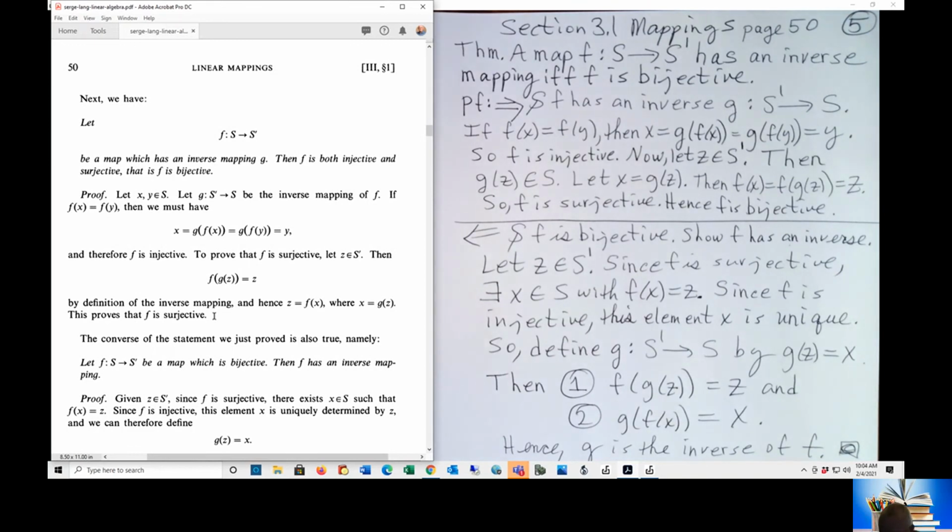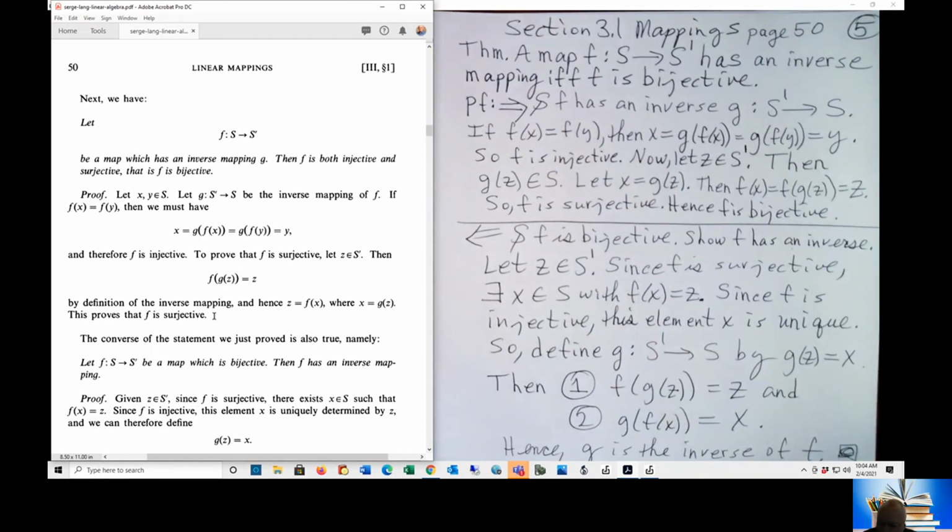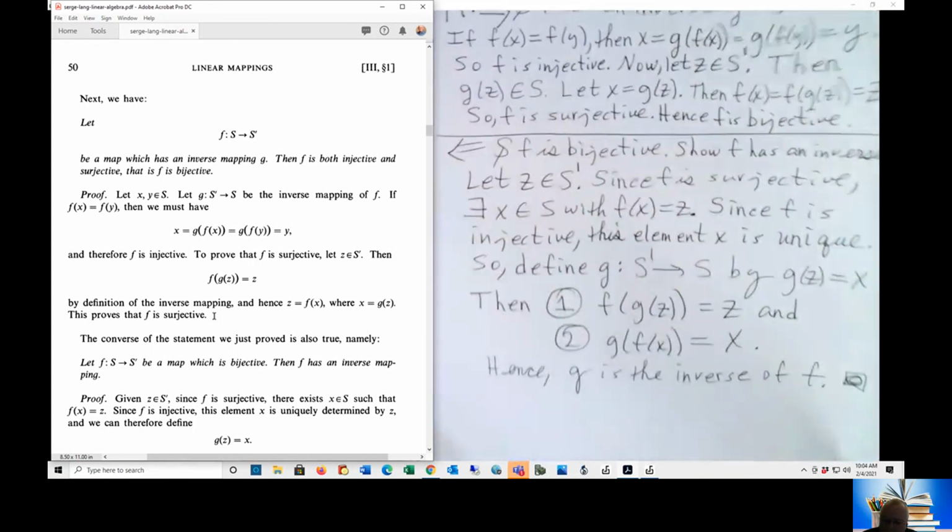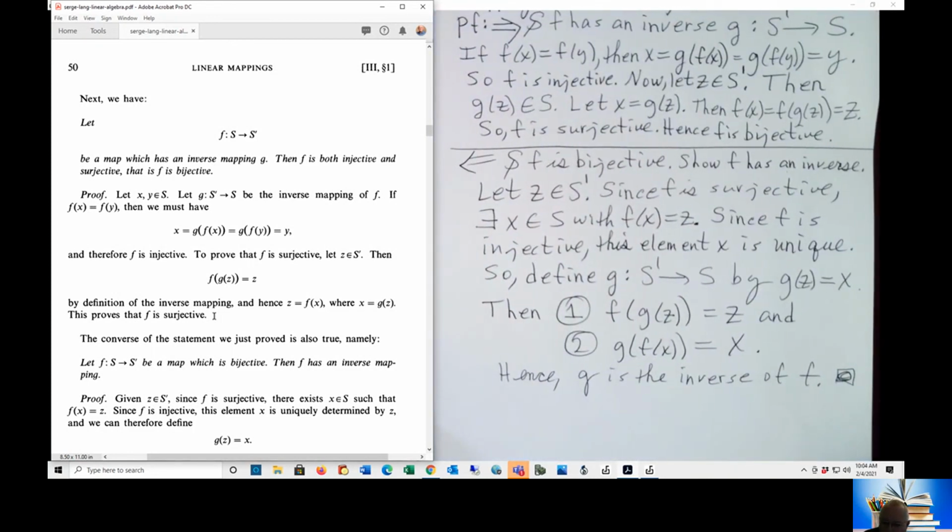There's not but one of them. So we can define a function G from S prime to S by G of Z equal X. Then we have the two conditions for G being the inverse of F: number one, F of G of Z is equal to Z, and number two, G of F of X equals X. So both conditions are satisfied. Hence, G is the inverse of F.